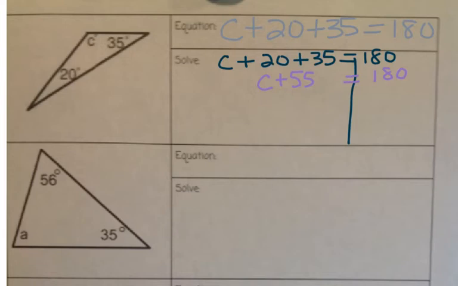My 55 is positive, so I'm going to subtract that from both sides. When I do that, my 55s will cancel out. That'll leave me with C on this side and 125 on the other. So that means that angle C is 125 degrees.